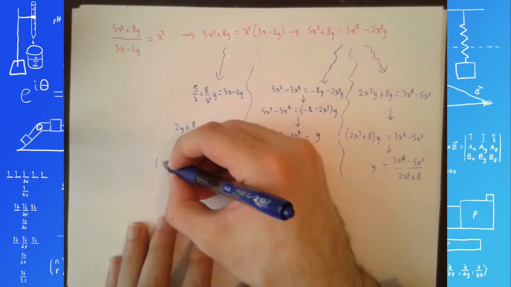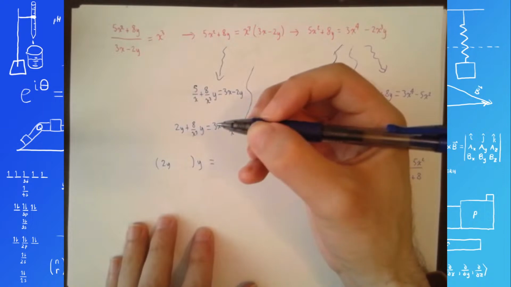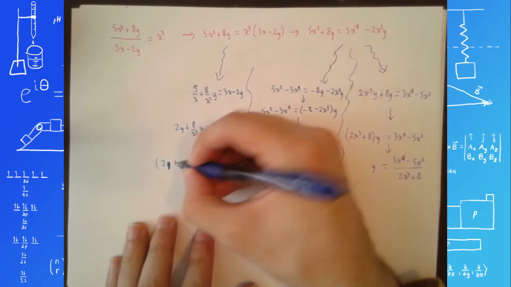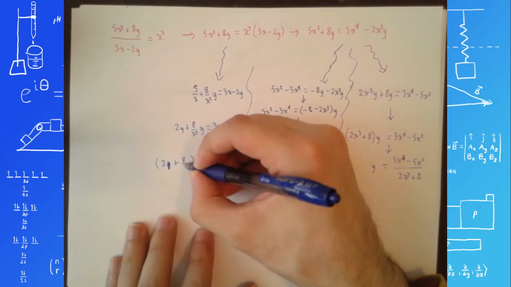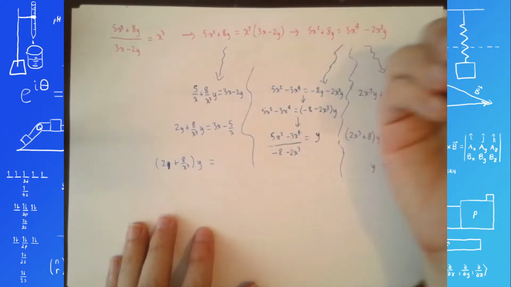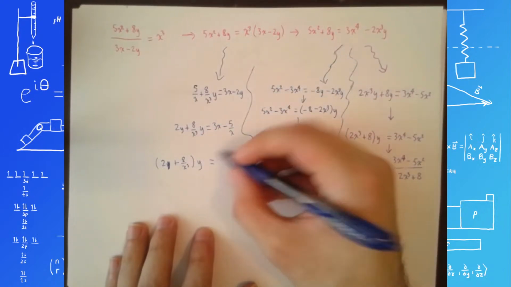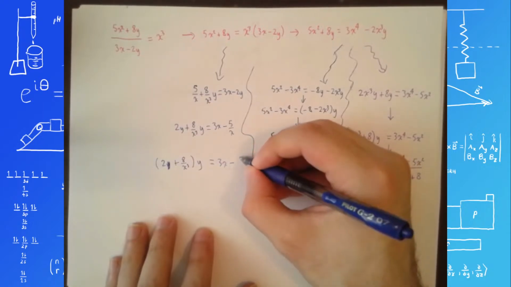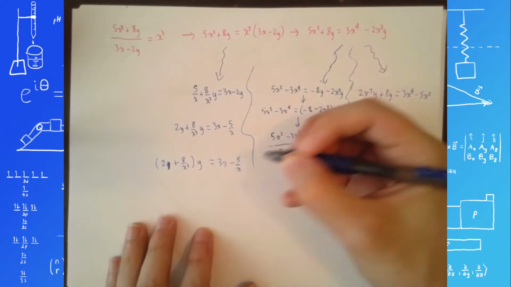And we get 2, or no, wait, not 2y, just 2, plus 8 over x cubed, all times y equals 3x minus 5 over x.